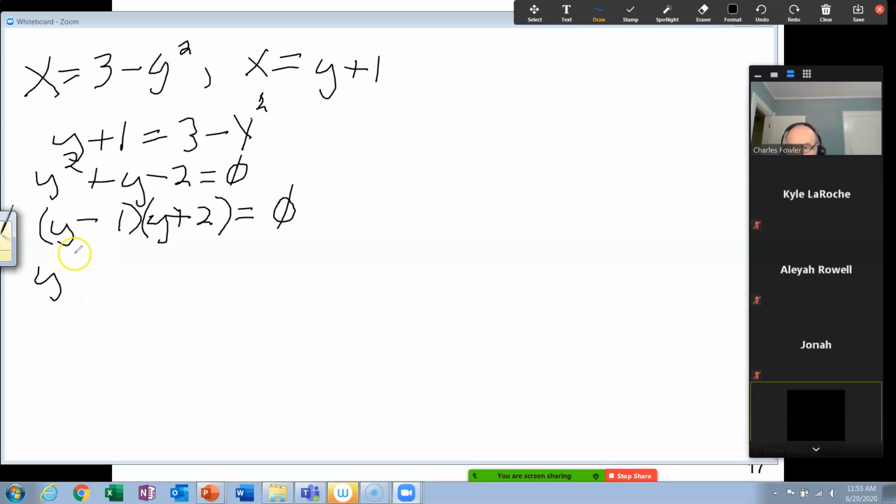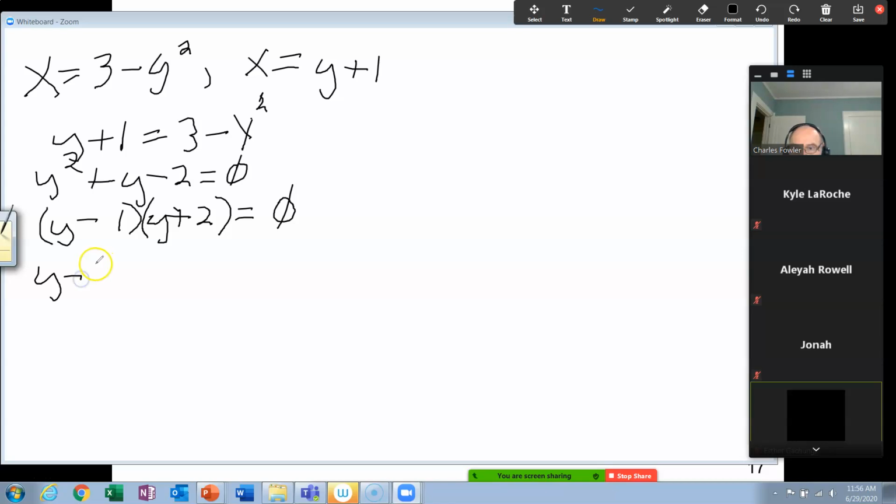So what we do here, we've got two entities that multiply to be 0. What does that tell you? Two entities here, y minus 1 and y plus 2, they multiply to be 0. At least one of them has got to be 0. So that's what we're doing here.